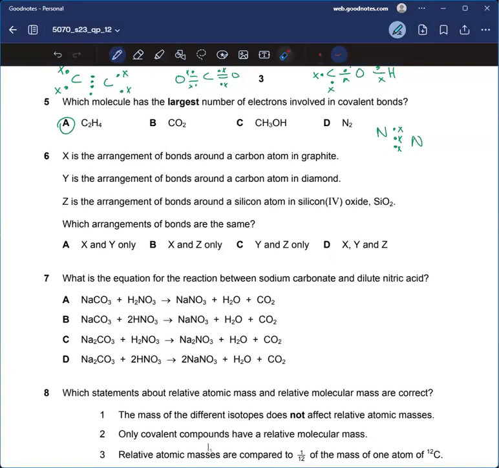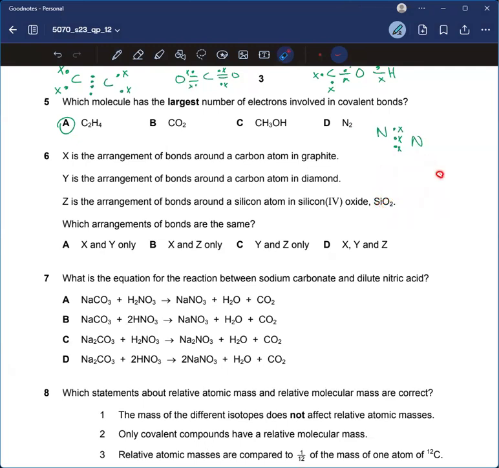So let me just give you a rough idea that graphite has a hexagonal kind of structure and it is layers, it is a layered structure, like this. That was for graphite.